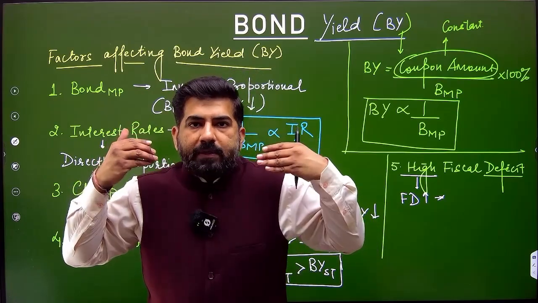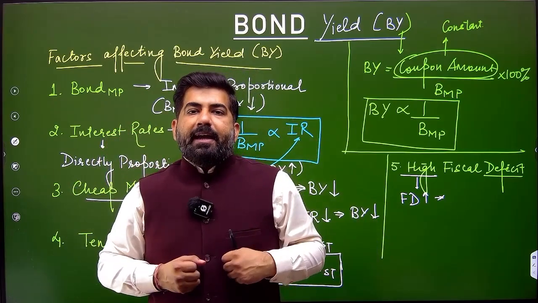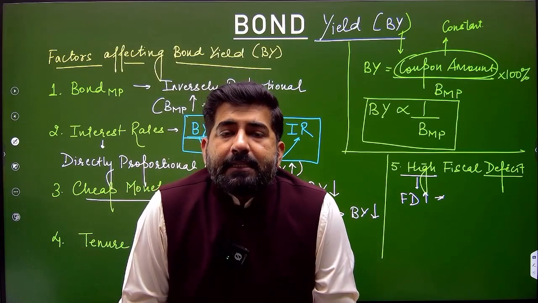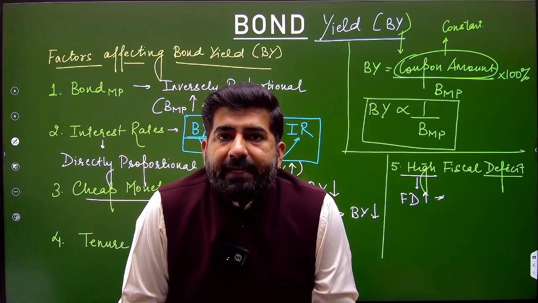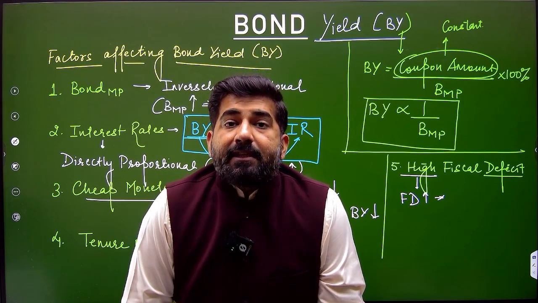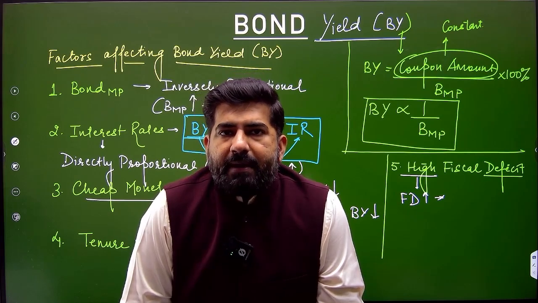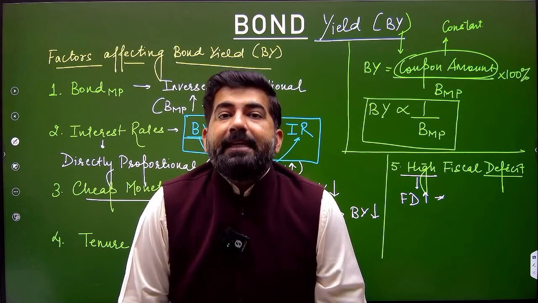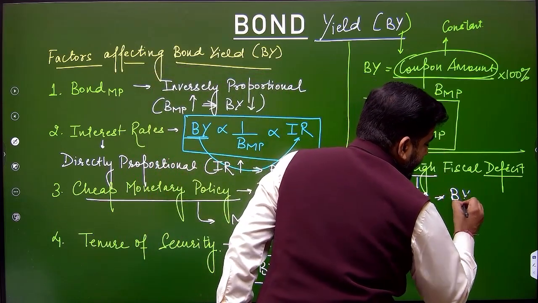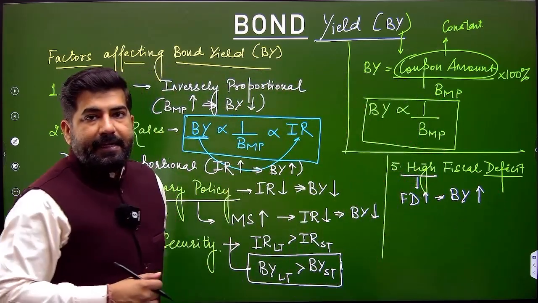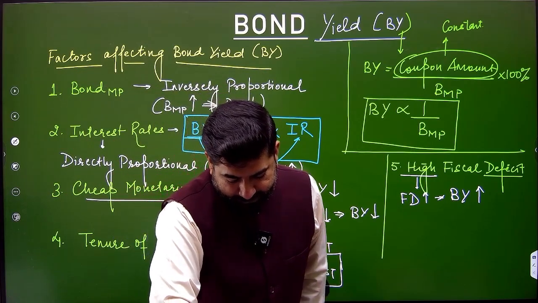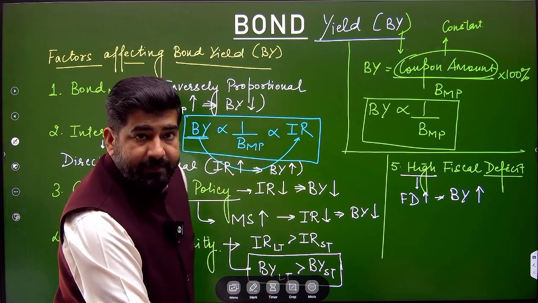When more securities will be issued in the market. When more securities are issued, the supply of securities in the market will increase. When the supply of securities increases, the bond market price will decrease. And when bond market price decreases, thereby the bond yield is likely to increase. Yes or no? Let me also just confirm this. Fiscal position, yes.